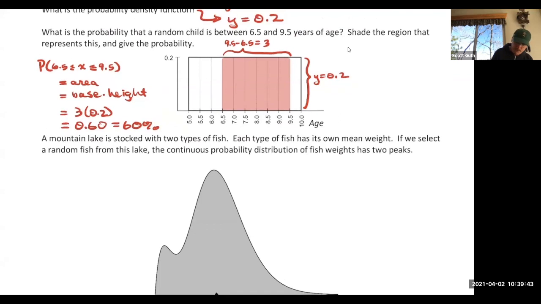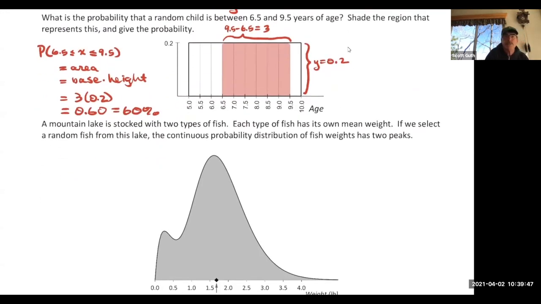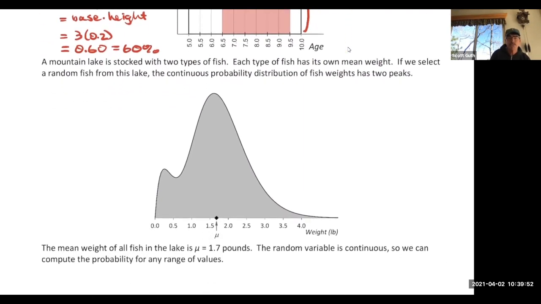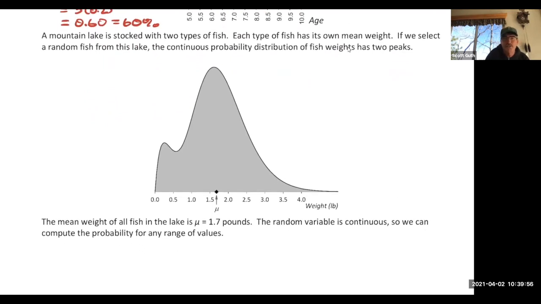So we've got the area here as the probability, and now I'm switching down to something that's just complicated. This is a mountain lake stocked with 2 types of fish. When you mix 2 populations together, you get the weirdest distribution shapes because each population has its own curve. And if you mix 2 of them together, it looks like 2 curves where you have 2 high points.